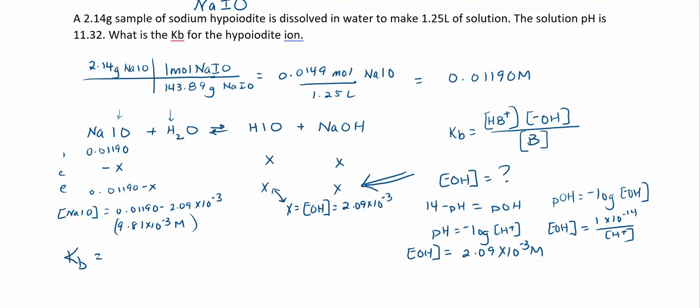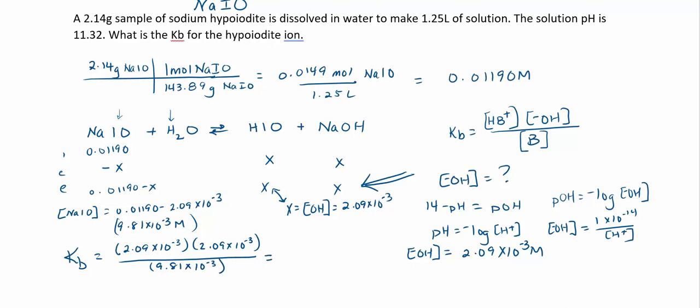So the Kb we can calculate, and that's going to be the concentration of the hydroxide ion times the concentration of the hypoiodous acid, 2.09 times 10 to the negative third, all divided by my base concentration at equilibrium.